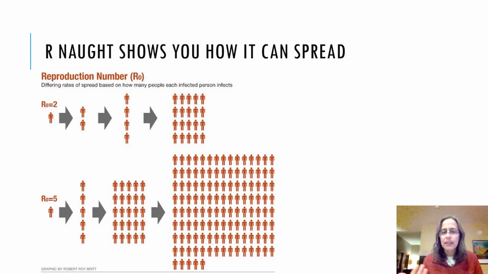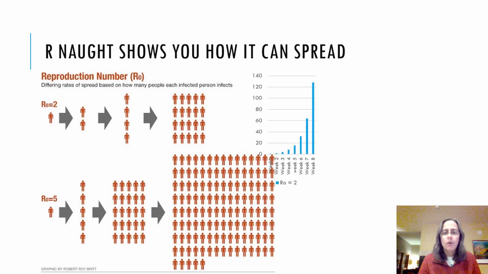So let's look at this in a slightly different way. And I just realized that first graphic is wrong. It should end up with 8 in the next iteration. I overlapped my graphics, my apologies. So this first graph is if the R naught is 2. You can see if it takes a week on average for me to infect you, and then you can go on to infect somebody else, if the time in between each one is about a week, then in the first week I would have 1, second week I would have 2, third week I'd have 4, then 8, then 16, then 32, 64, and then I'm up at 128 at the end of 2 months.